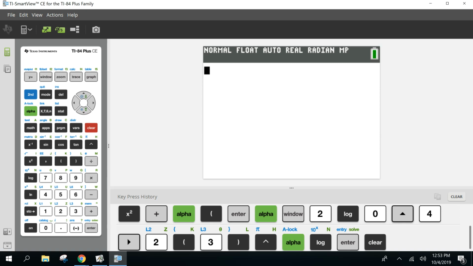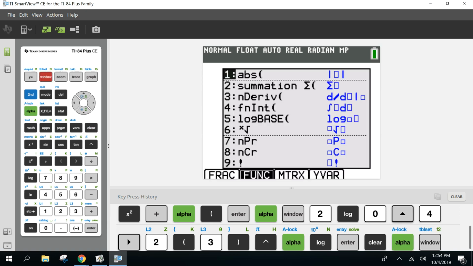Everyone, alpha, window. Does everyone see the sigma on your calculator? Alpha window, everyone sees the sigma?